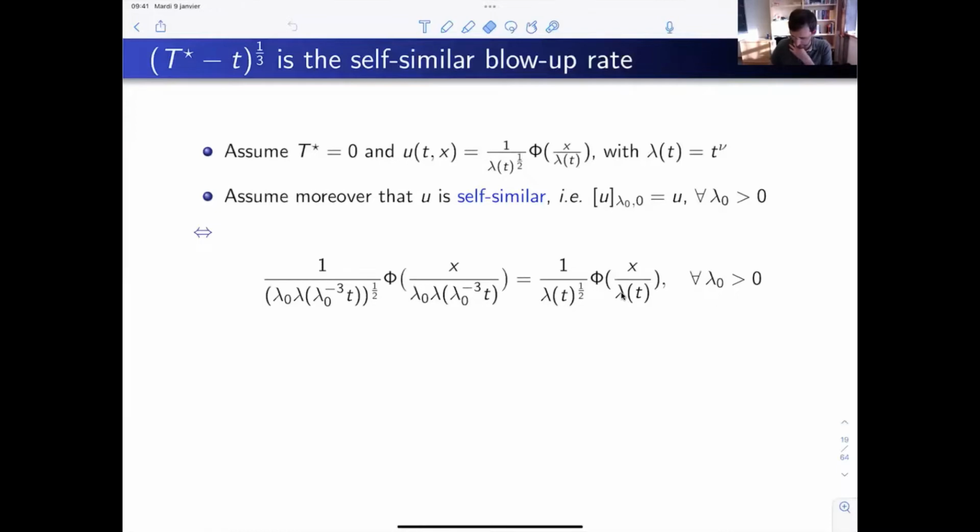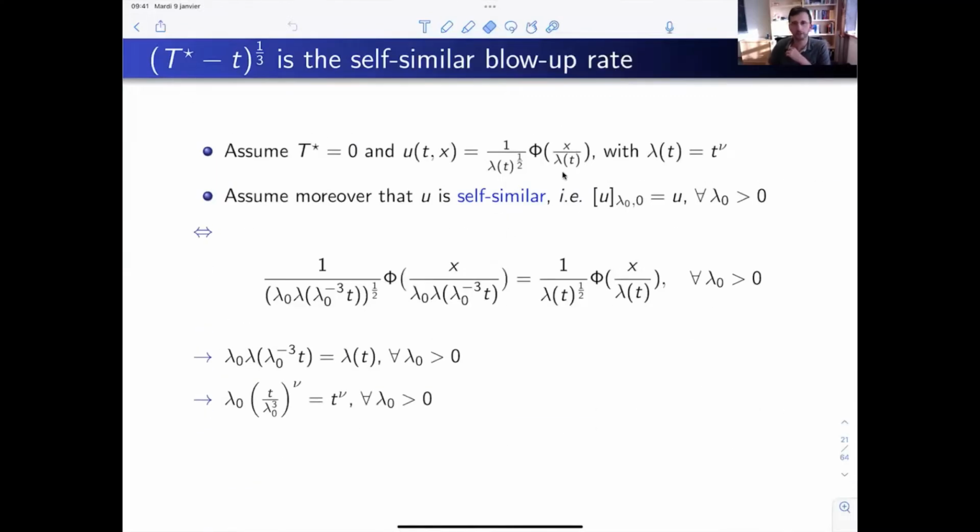Okay, and so I want that to hold for any lambda naught positive. So my only choice is that those guys are equal. Okay, lambda of (lambda naught to the minus cube T) is equal to lambda(T) for any lambda naught positive.